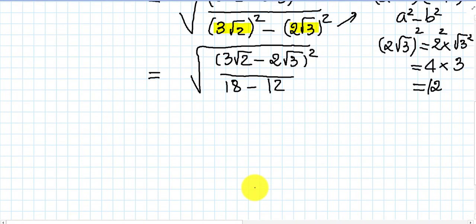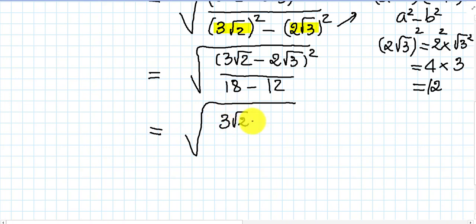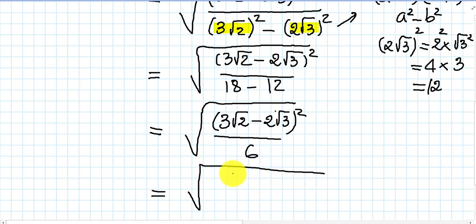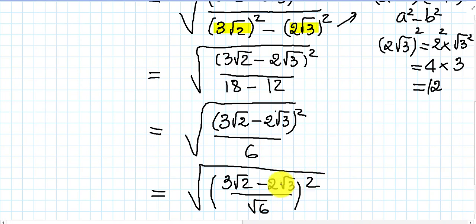And we get 3 square root 2 minus 2 square root 3, all squared, over 6. And we can write it as 3 square root 2 minus 2 square root 3 all over square root 6, all squared.